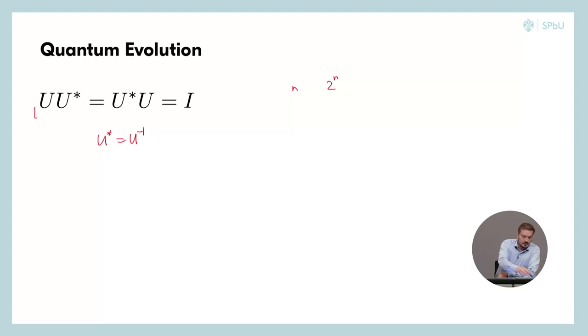So this is our definition of a unitary operator, and these unitary operators also have a very important feature. They preserve the length of the vectors, so the norm of Ux will be equal to the norm of x, and they also preserve the inner product, so they preserve angles.